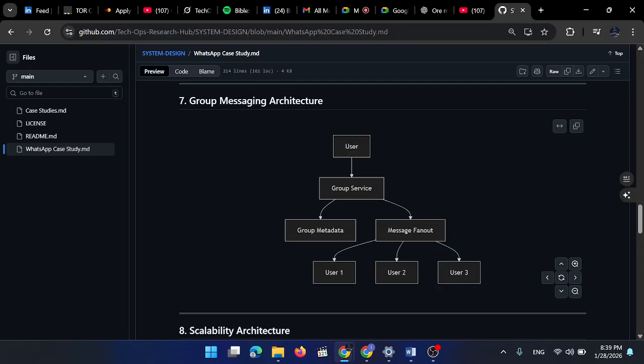So you as the user send a message and then it goes through what you call a group service. Once it goes through the group service, it's split into one, group metadata, and two, message funneled. Once the message is funneled, it's dispersed to various users. Here you can see we have user one, user two, and user three. The process ensures that your message reaches all the other people down here.